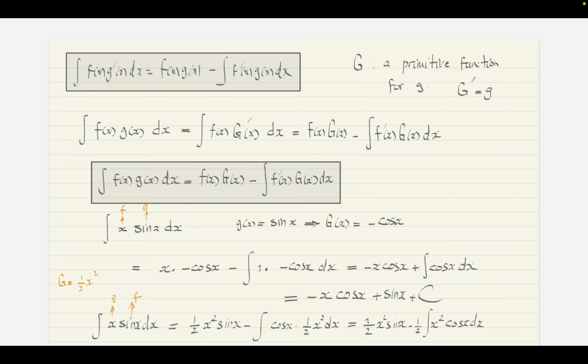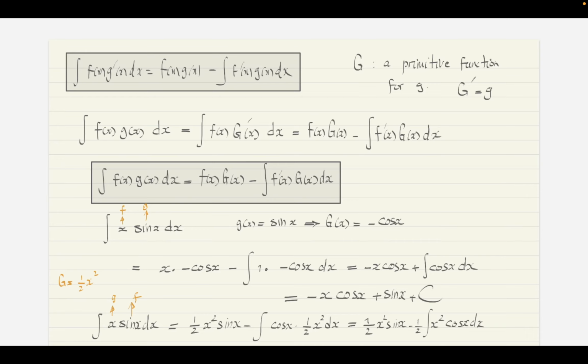So even though this equality is right, it is useless because I am making life harder for myself. So it is important to see which one it is better to take as f and which one to take as g.